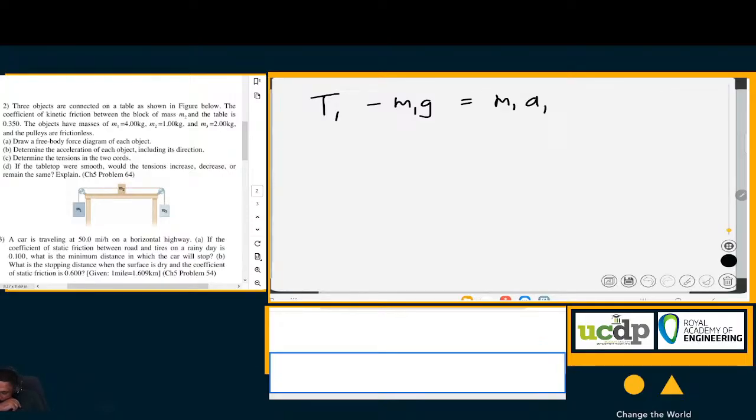And if I rewrite that, this is for mass 1. I have its mass is 4 kilograms multiplied by the acceleration of 1.